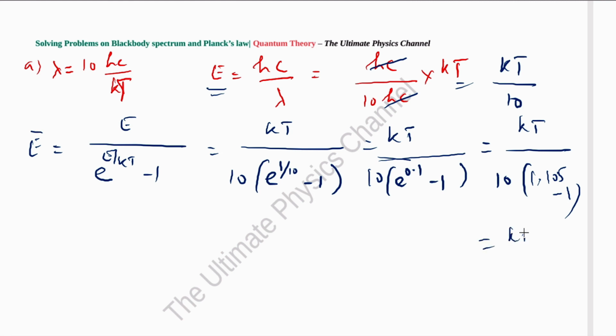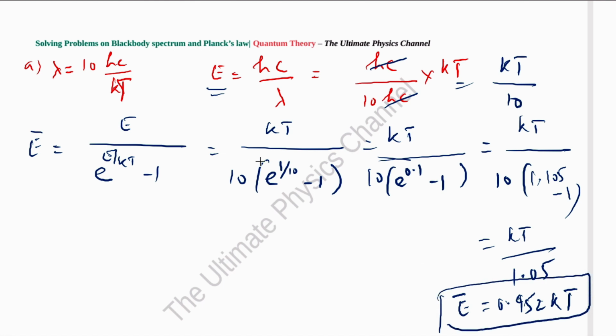So we have kT over 1.05, and therefore 1 over 1.05 is 0.952. So we effectively get 0.952 kT as the average energy if the wavelength is a long wavelength, which is 10 times hc over kT.